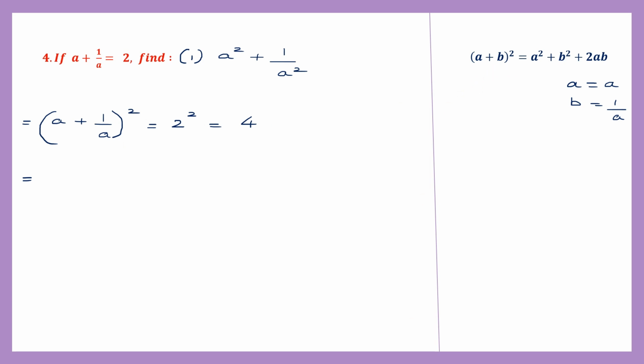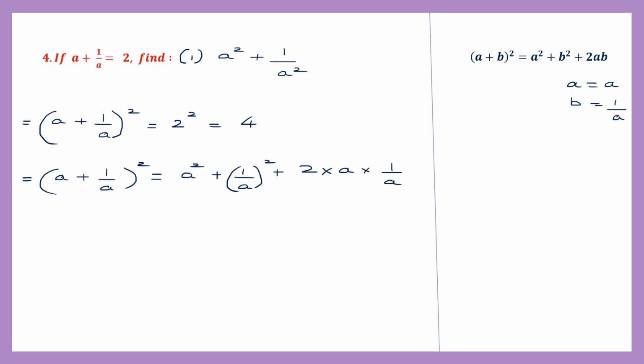So let's do that. A plus 1 by a square is equal to a square. And what is a? We said a is a itself and b is the second term, which is 1 by a. So a square plus b square is 1 by a the whole square plus 2 into ab, plus 2 into a is already a and b is 1 by a.